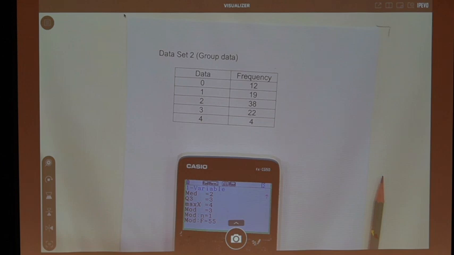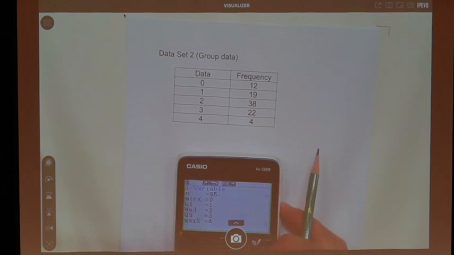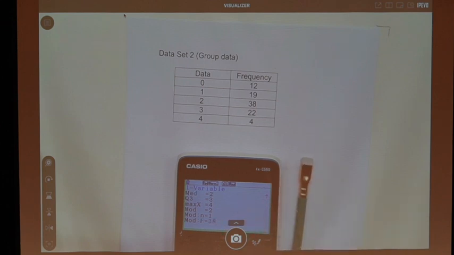This time we have our maximum, our mode is 3. So we got 95 data there, and I only have one mode. The mode is 2, which has frequency 38.